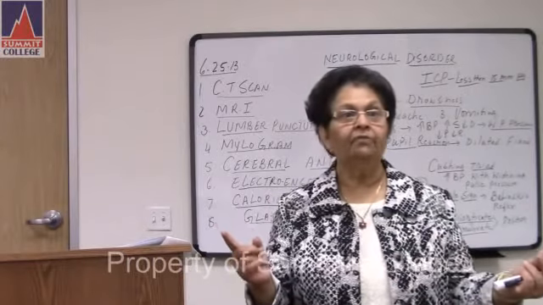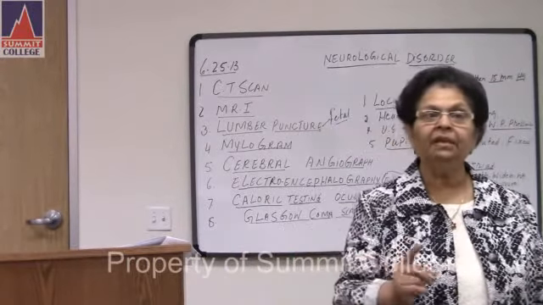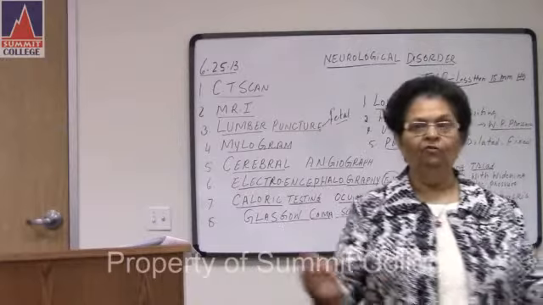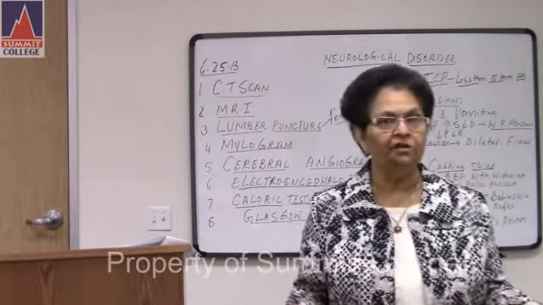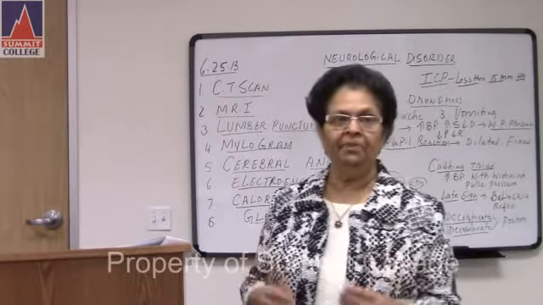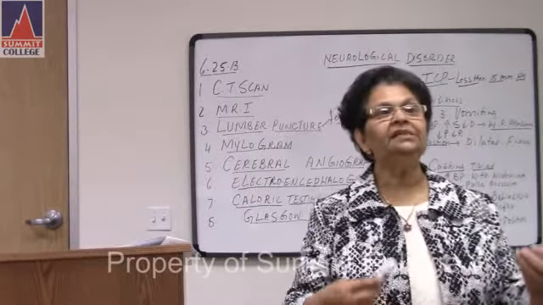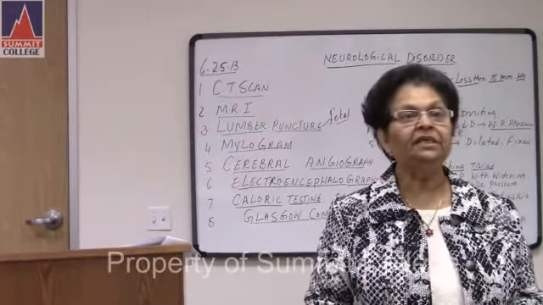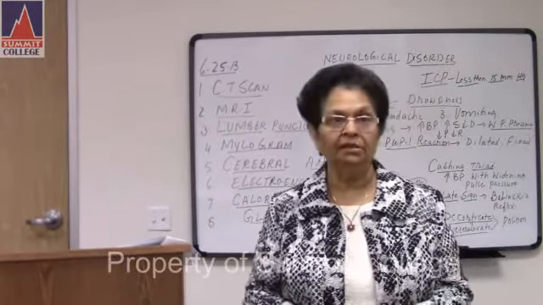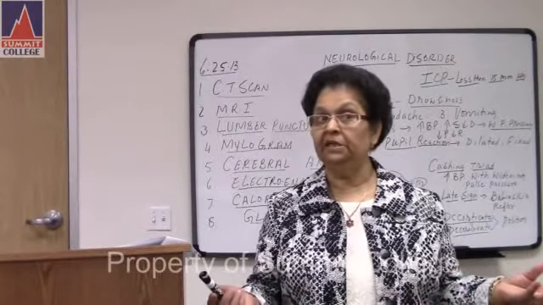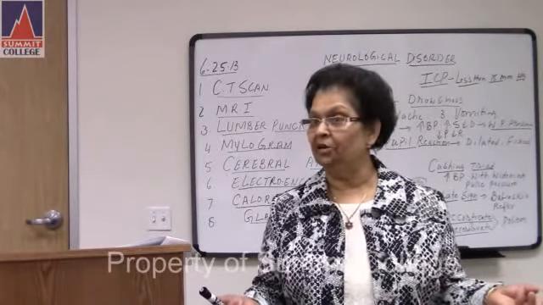Coma, unresponsive. So they're not reminding you of Glasgow coma. If they use the word coma, you will immediately know. So the patient is admitted and unresponsive. That means the patient is not responding, the patient is in coma.